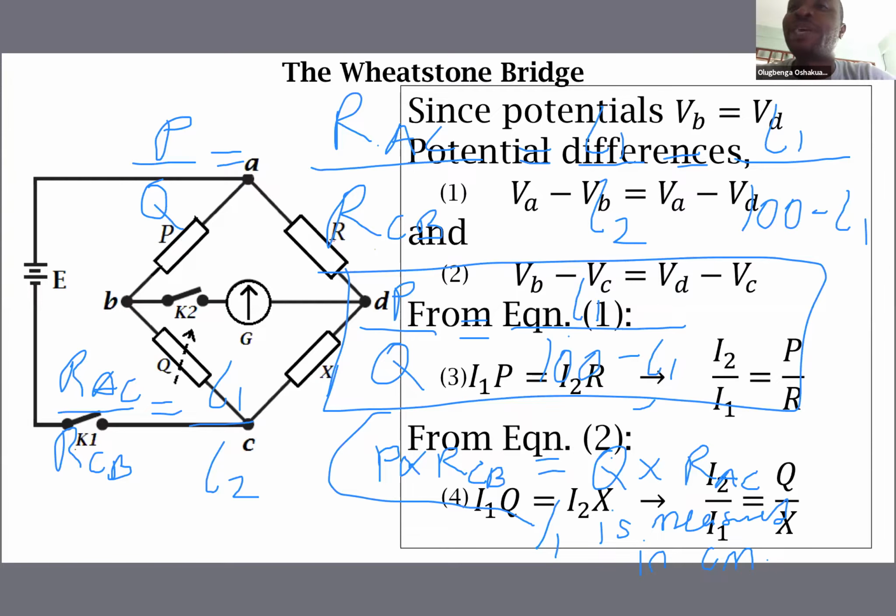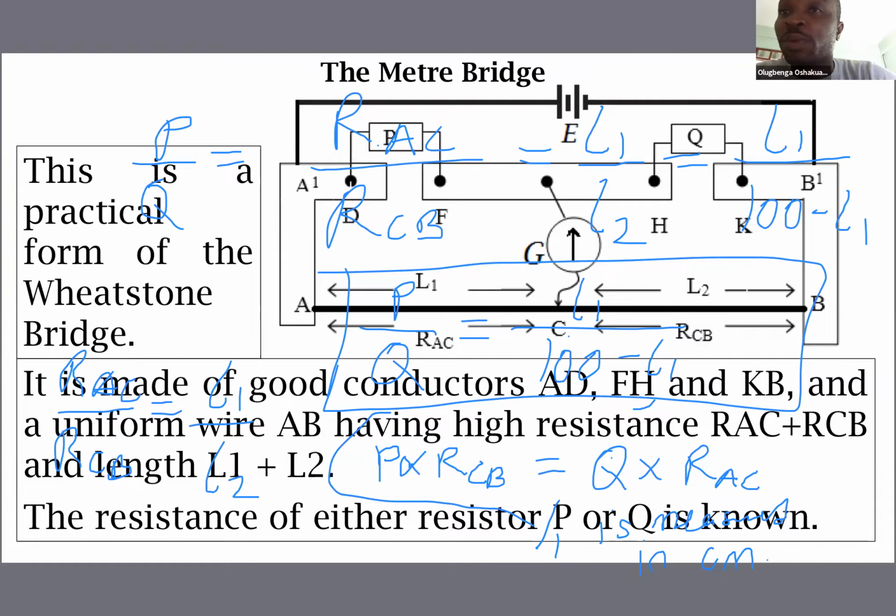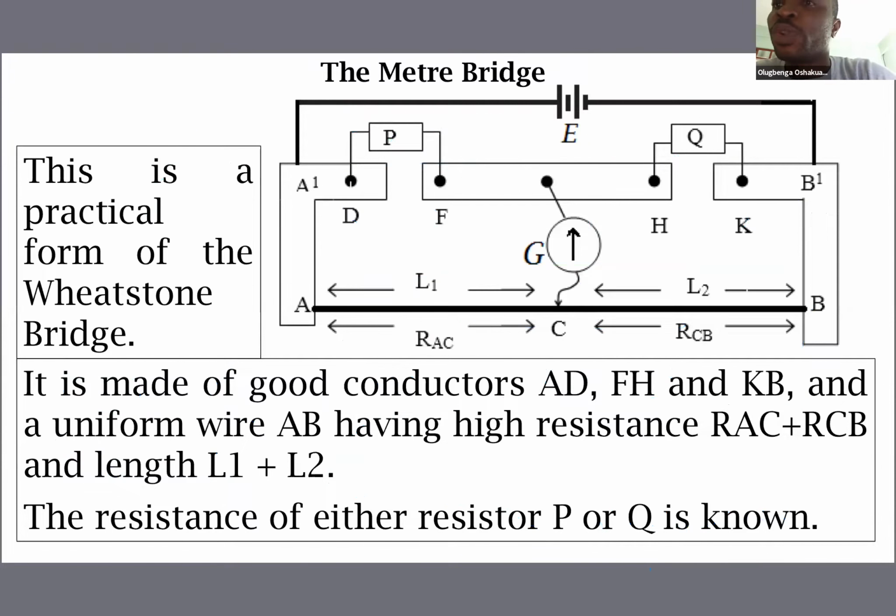So in the meter bridge, we know P, we don't know Q. We know the value of P, but we don't know the value of Q. But we know the length L1, and we know the length L2, so we can use that to determine the value of Q after we have balanced the bridge.